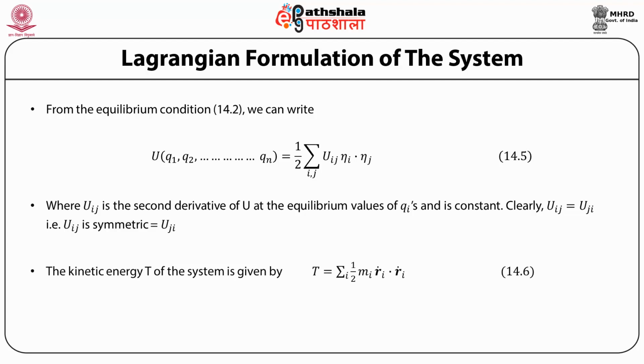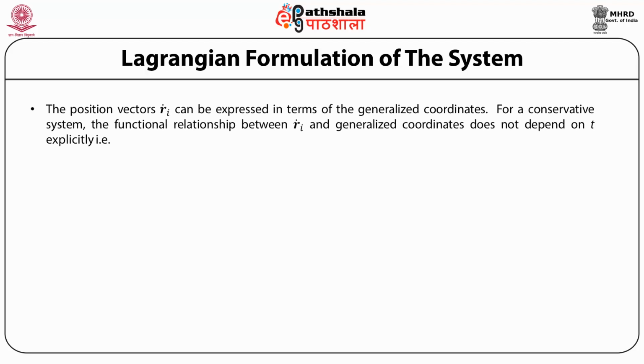The kinetic energy of the system is sigma over i of half m_i v_i square. v_i square is r_i dot r_i dot. Now, the position vector r_i can be expressed in terms of generalized coordinates. For a conservative system, the functional relationship between the Cartesian coordinate r_i and the generalized coordinates does not depend on t explicitly.